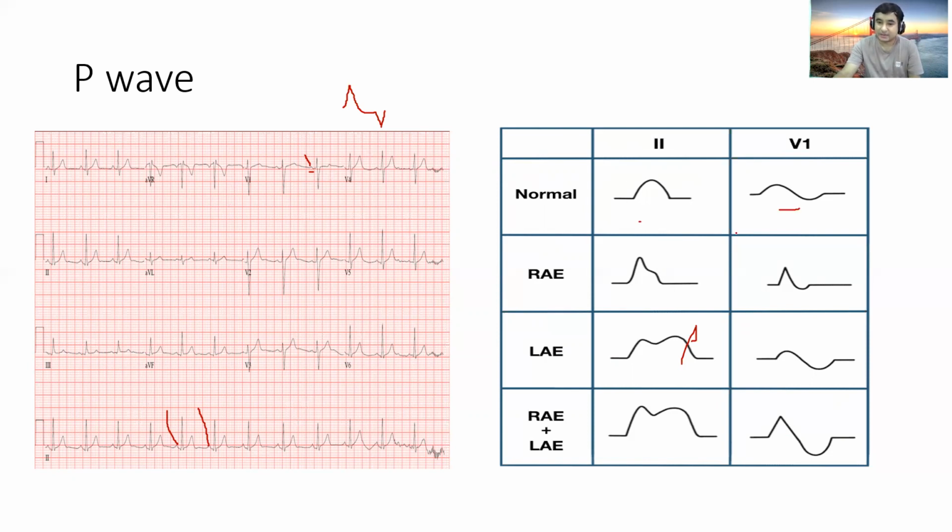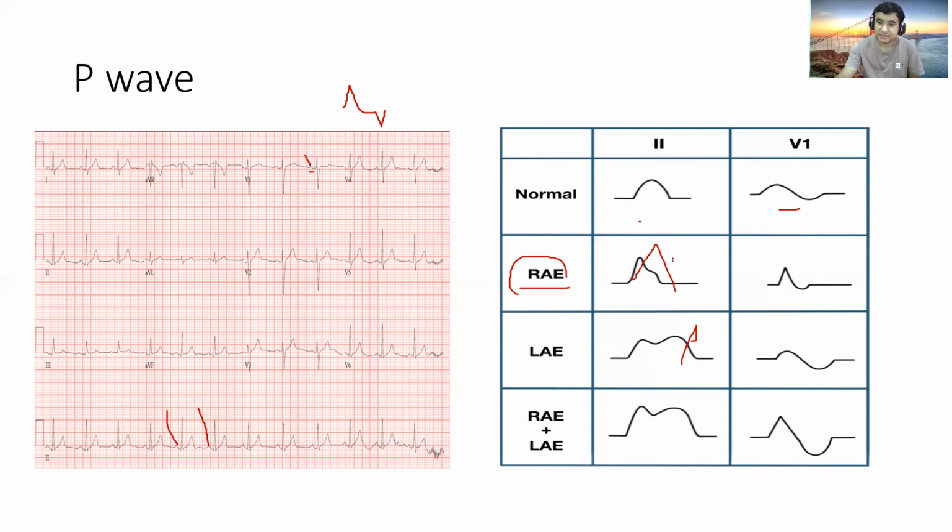If there is a right atrial enlargement, then what happens? The right atrium will take more time to fully depolarize. So the right atrial depolarization and the left atrial depolarization may occur simultaneously, and so there is addition of amplitude, and you will get a peaked P wave.